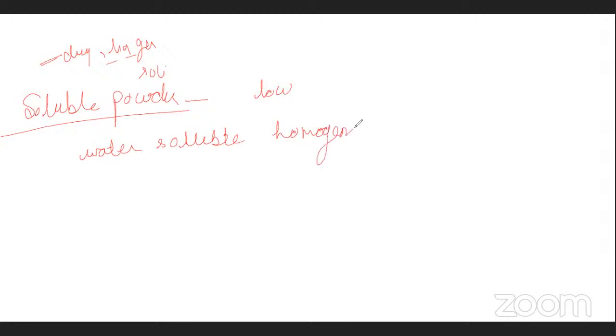But in the case of the vegetable powder, it forms a suspension, whereas here it forms a solution. The vegetable powder had diluents, adjuvants and other things, but in this we are not adding anything else to solubilize the powder.